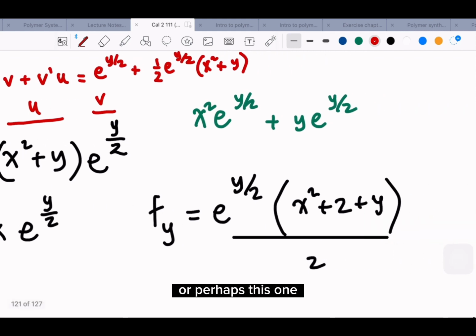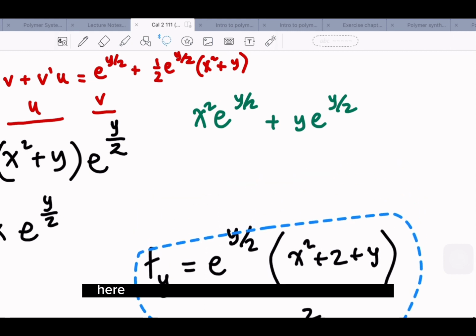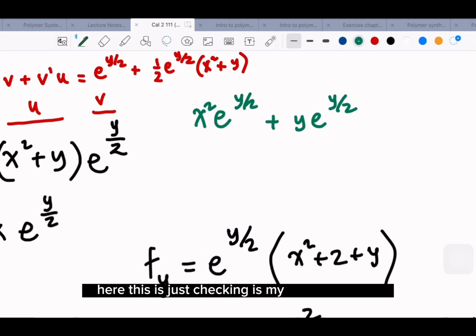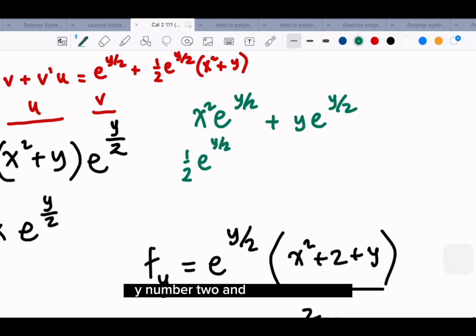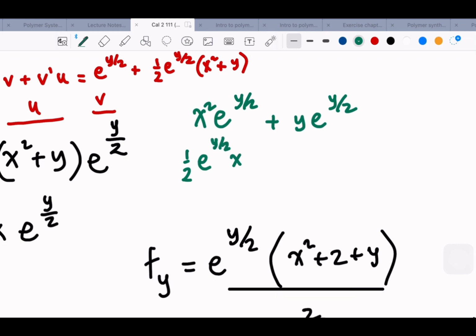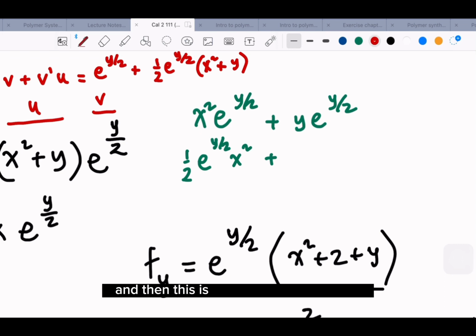Or perhaps this one may be more easiest to see. Maybe like here. This is just checking is my answer correct. So this part becomes half e y over 2 and then x squared, and then plus, and then this is going to be product rule.